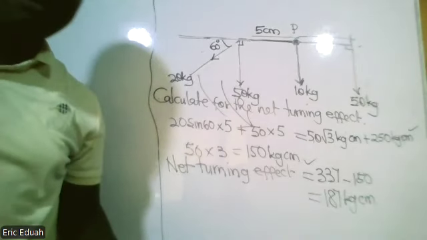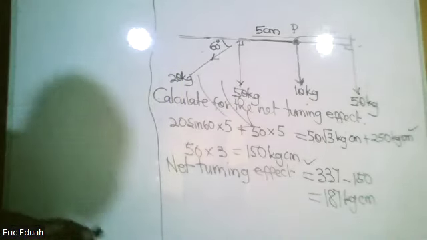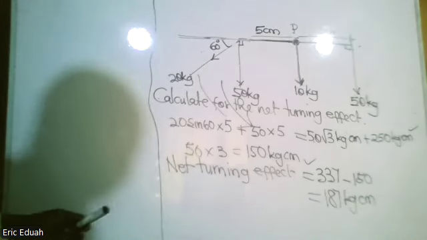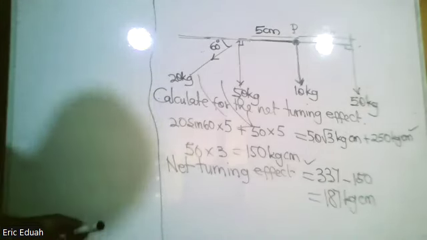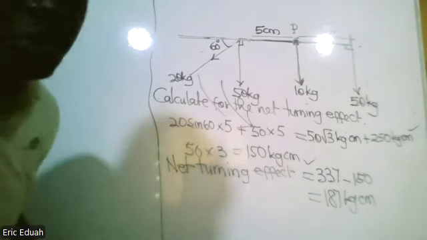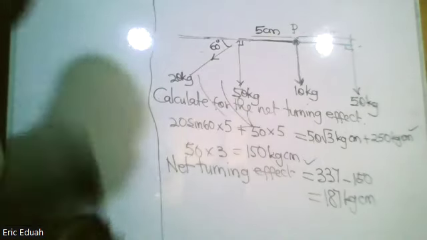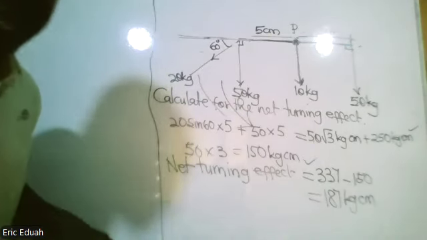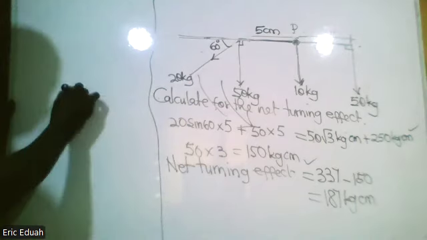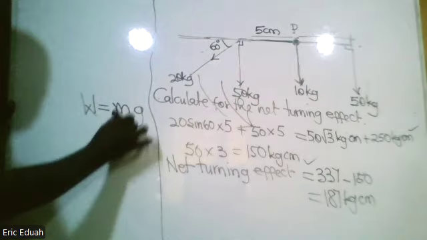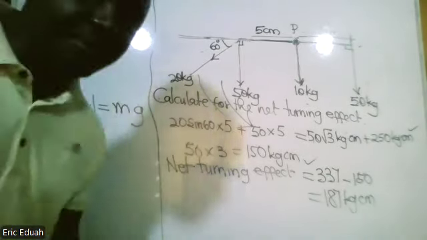Somebody may be wondering why I did not express the masses as a force. You can equally do that. Don't forget, force or weight and mass relate. The only difference between them is gravity, the reason for which weight is mg.